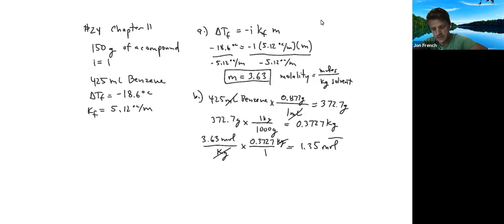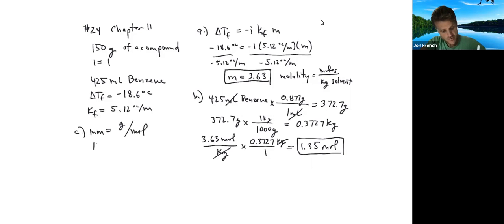Now the last question. We're asked, what is the molar mass of this unknown? We know we have 150 grams, and we know how many moles that is. Molar mass is usually in units of grams per mole.